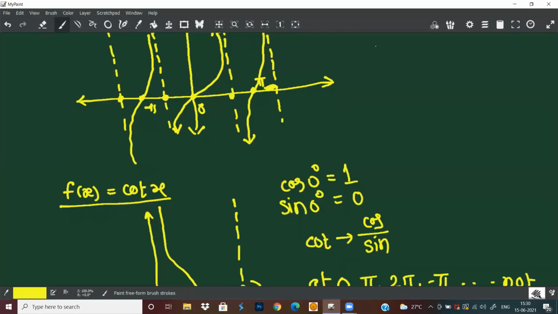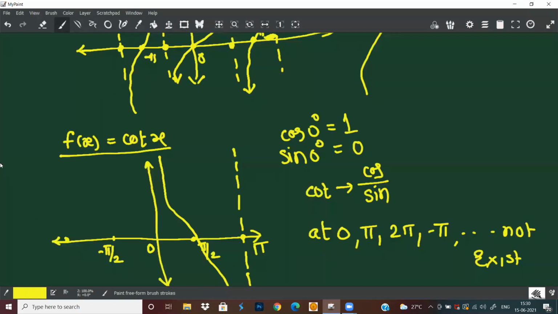ये देखो tan ऐसे जाता है, cot कैसे जाता है? देखो cot ऐसे जाता है. You understand how it goes? These small things you have to observe. Again ये minus pi है जहाँ वो it will not exist.